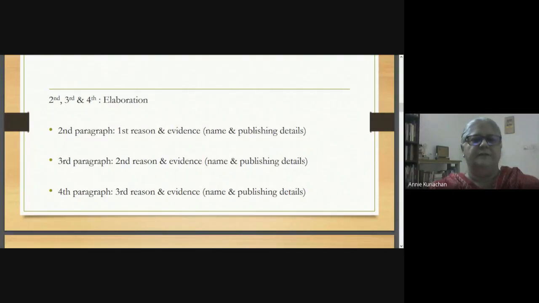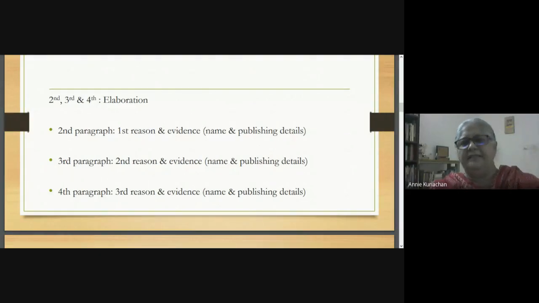Now, what is important is the second paragraph has the first reason and its own evidence. Here I've made it very brief because it is a slide. The first reason has to be elaborated. Say what the reason is. Analyze the reason completely. And provide evidence.